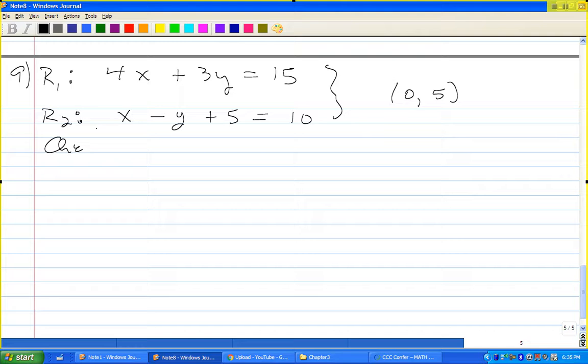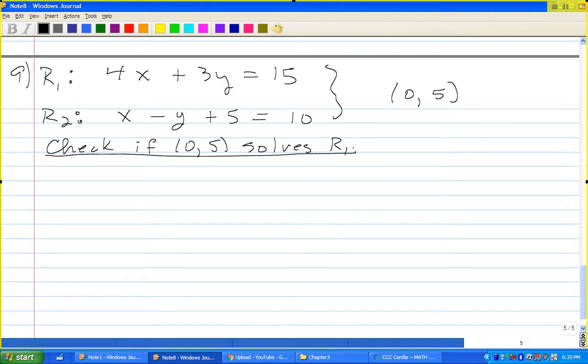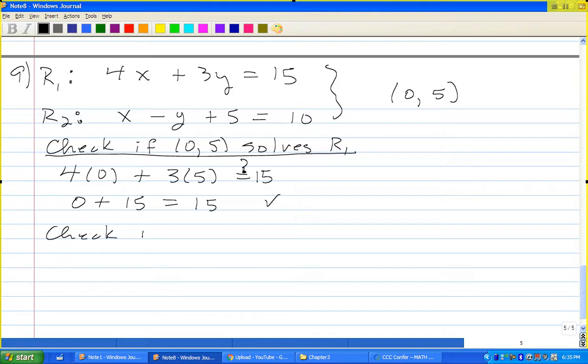So let's check if (0, 5) solves R1. Is 4x plus 3y equal to 15? Is 0 plus 15 equal to 15? Yes. Now let's check if (0, 5) solves R2.